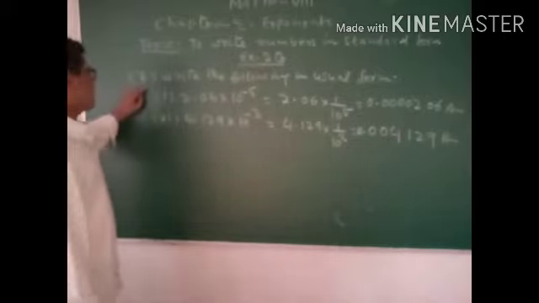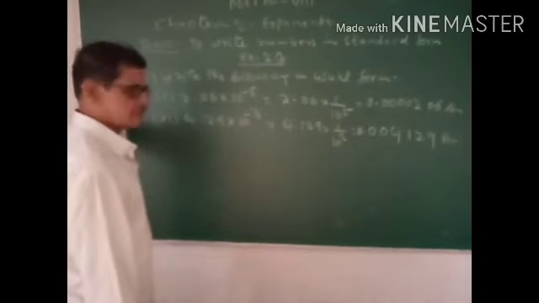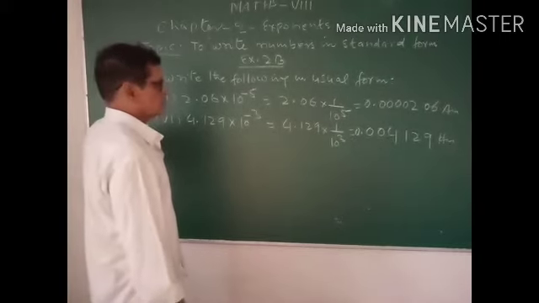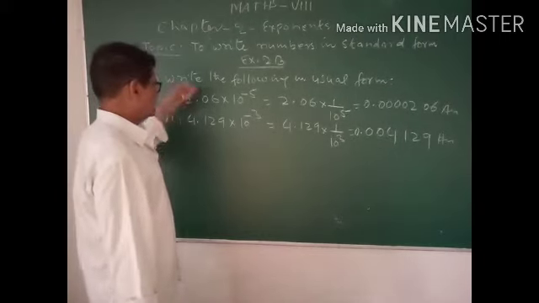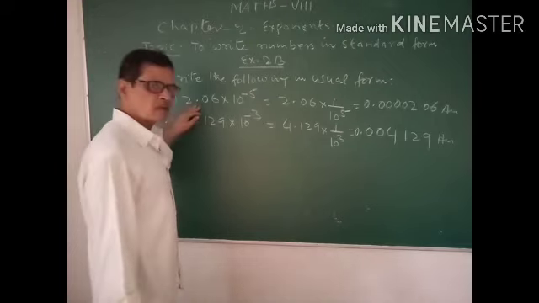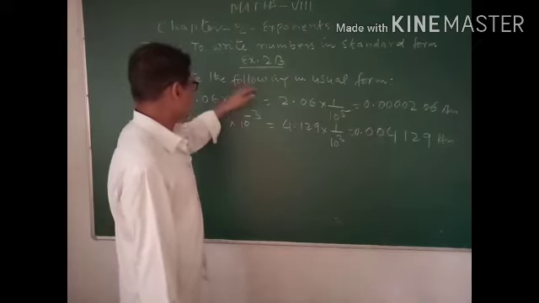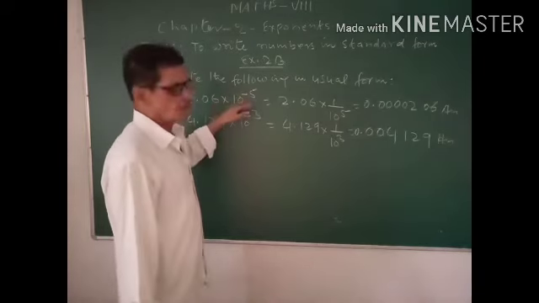Now come to the question number 7. This is opposite examples. Before this we were writing the given number in a standard form, and here the number is given in a standard form.